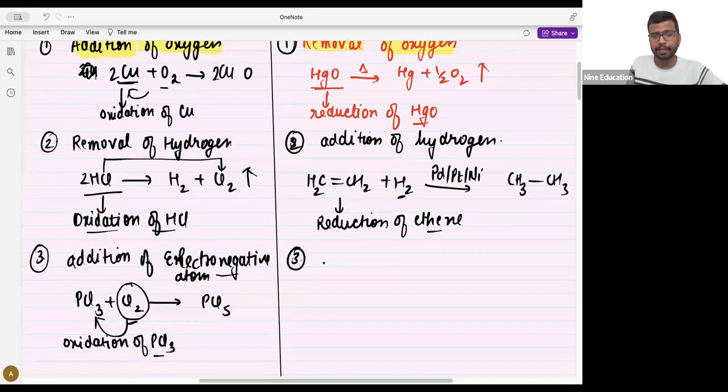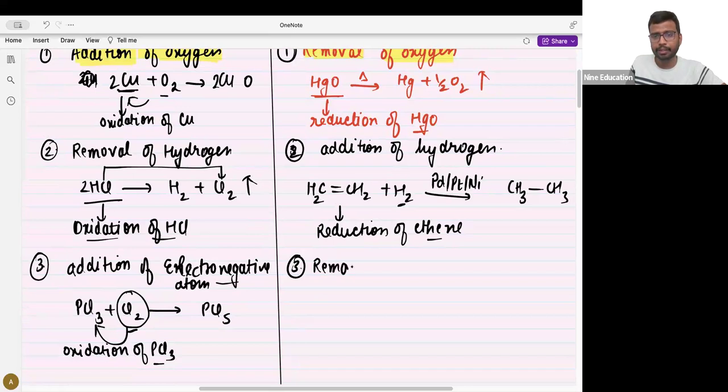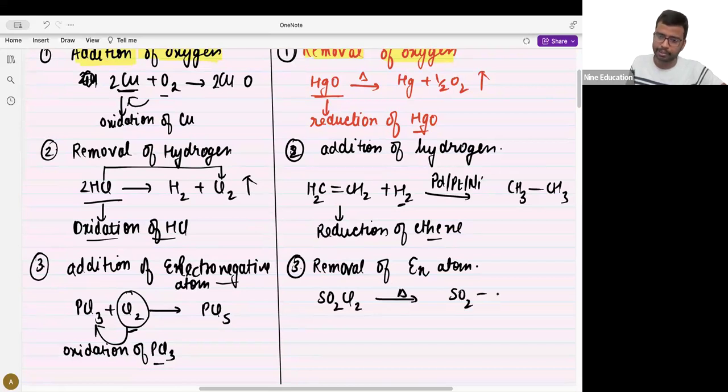Similarly, if I remove an electronegative atom, let's say SO2Cl2, if I heat SO2Cl2, I will get SO2 plus Cl2.